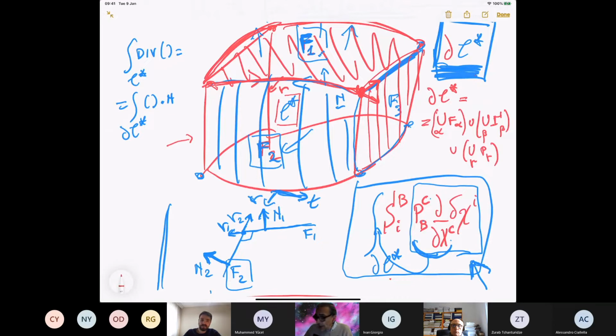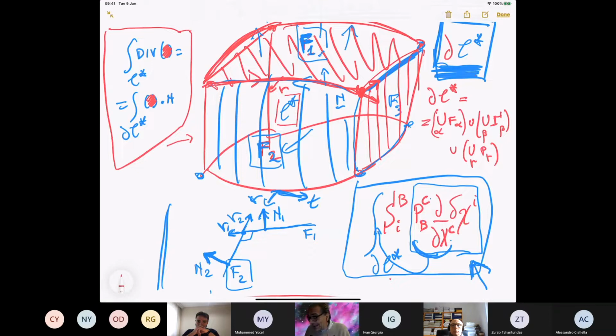Okay. Then we said that we applied the divergence theorem to C star. And we transformed the divergence of something in the volume into the flux of the same something through the boundary of C star.